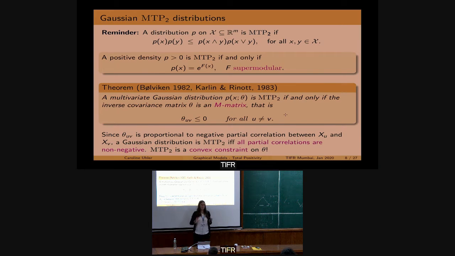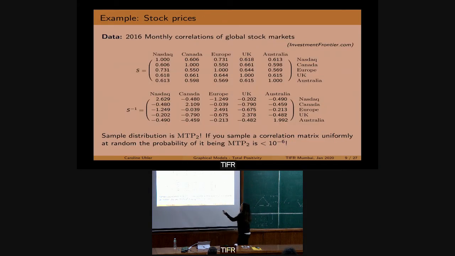When I invert it, it's not necessarily the case that you're MTP2, that you're an M matrix. So actually, if you look at any finance data set, you'll always see that all of the correlations are larger or equal to 0. It doesn't mean directly that it will be MTP2. Okay, this is a much stronger constraint. So this is pretty surprising, I think, and remarkable that you can actually get this.